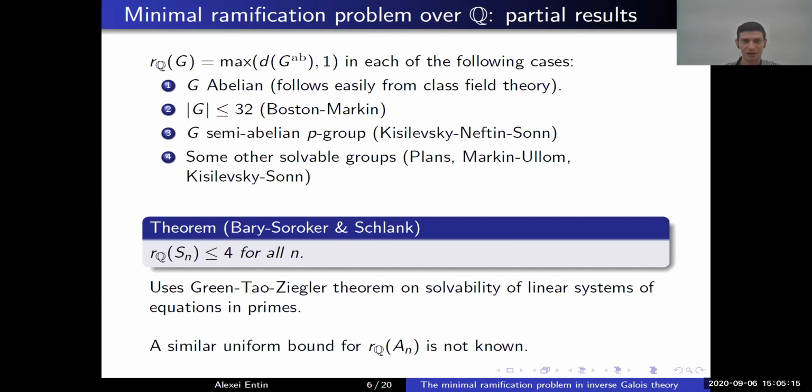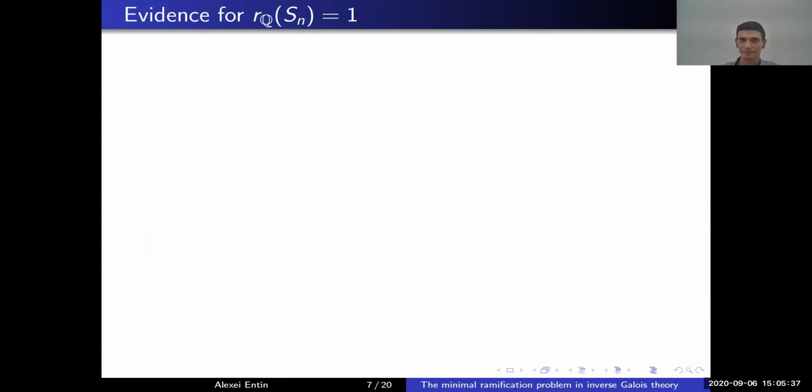A similar uniform bound for all n is not known for the alternating group at the moment, although in principle the method of Barry, Sawin, and Schlank should be able to produce such a bound. The question is how to minimize it, but we won't go into it right now.